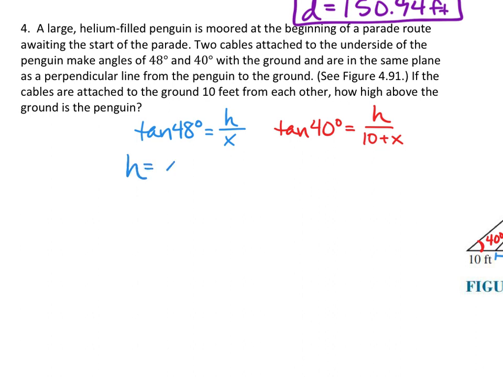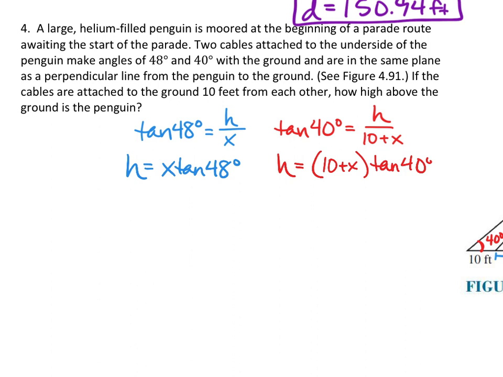you multiply by x on both sides. Now I have this isolated for h. I'm going to do the same thing in the red equation. I'm going to isolate it for h, which means h would be equal to 10 plus x, in parentheses, times tangent of 40 degrees. Well, now those two things are both set equal to h, right?